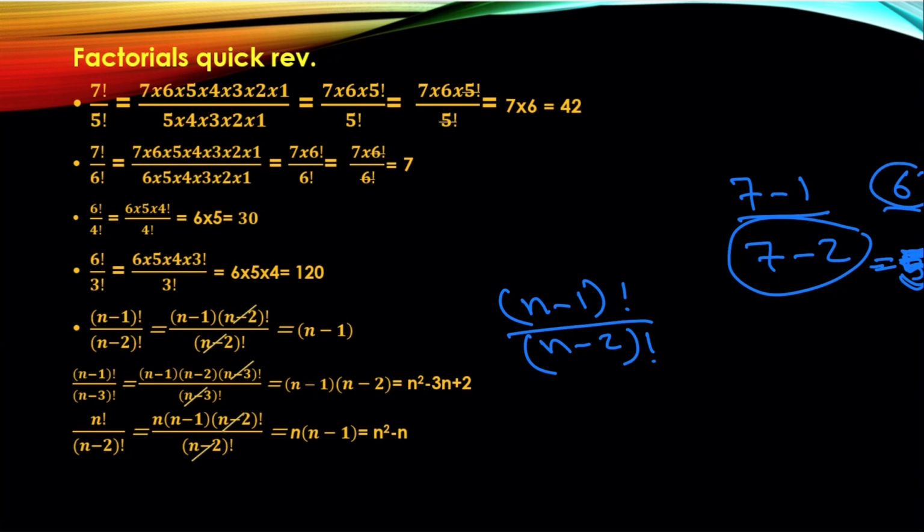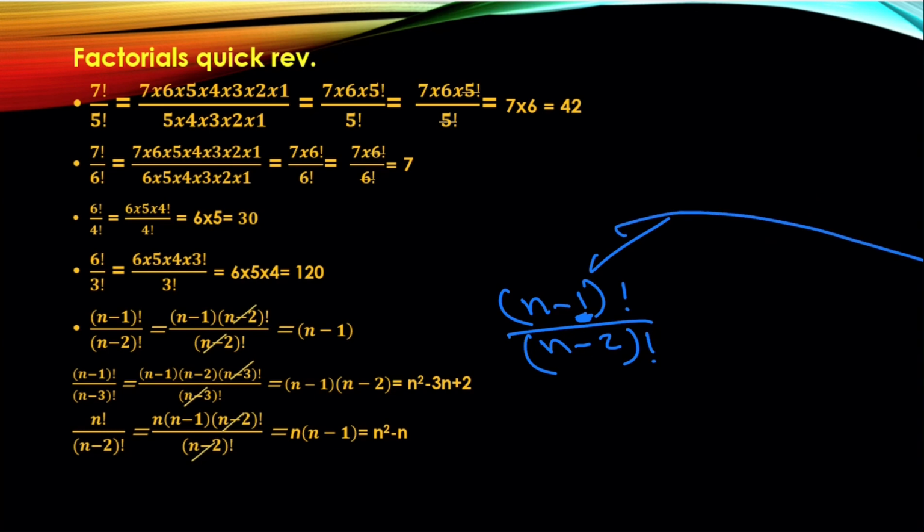So 6 is bigger. If the subtracted number is lesser, it will give us a bigger result. So minus 1 gives us 6, minus 2 gives us only 5. So I have to expand this one.